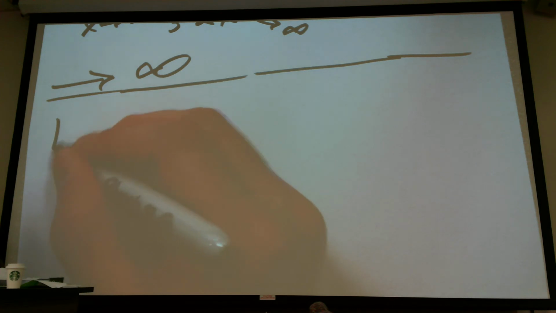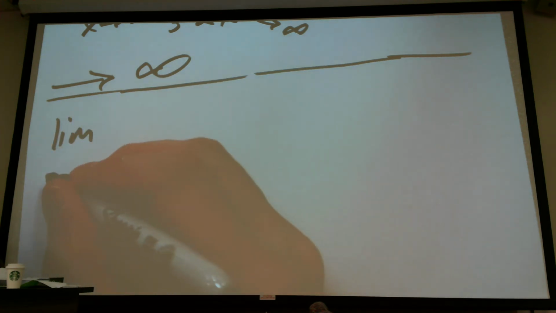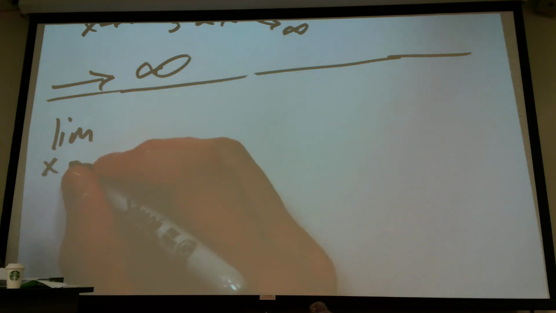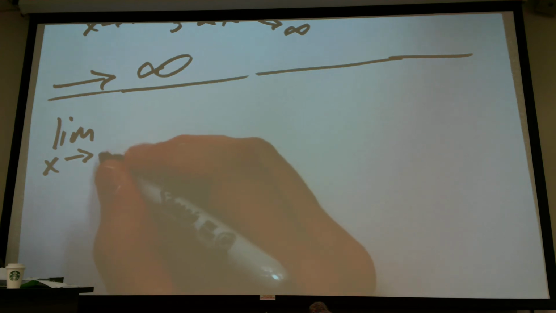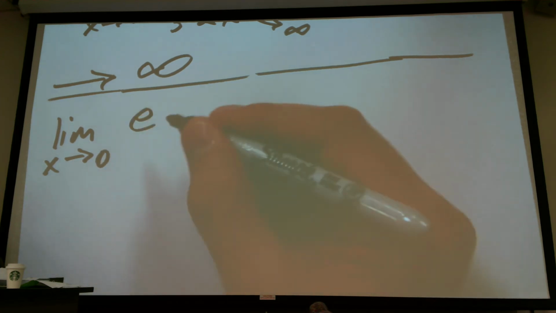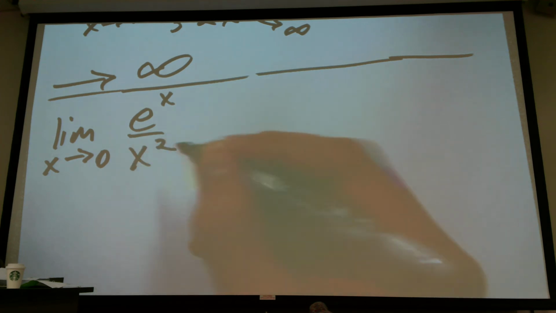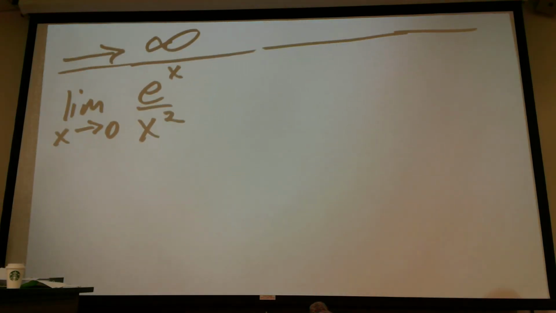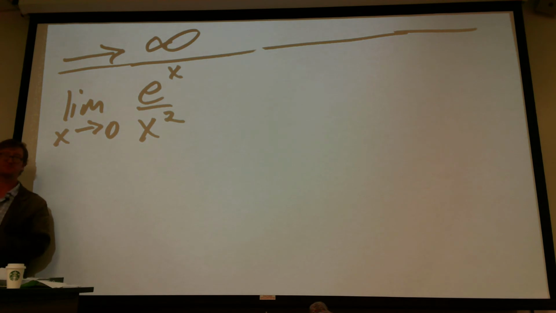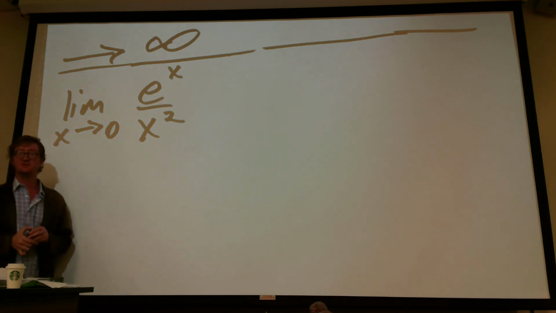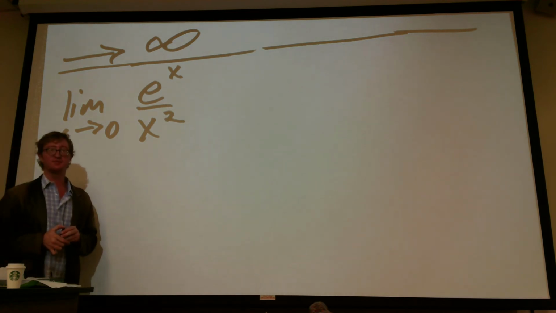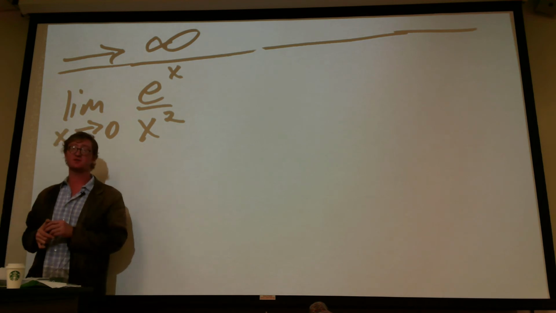Let's say we have the limit as x tends towards 0 of e to the x divided by x squared.